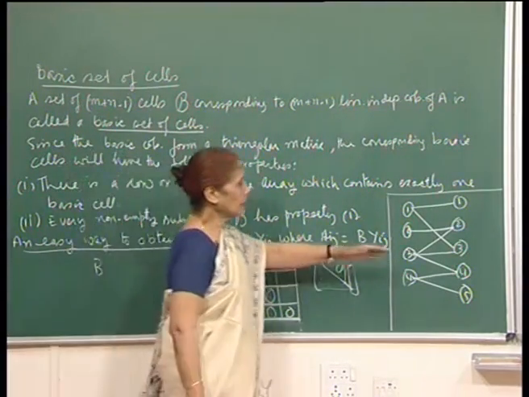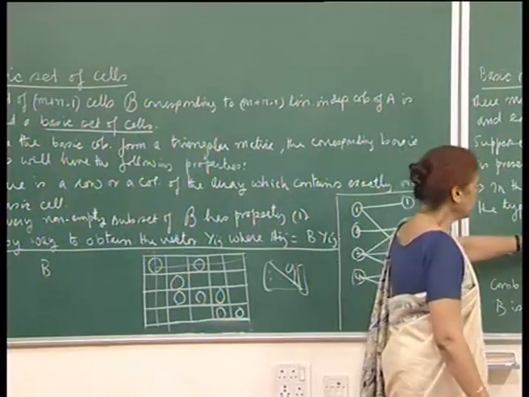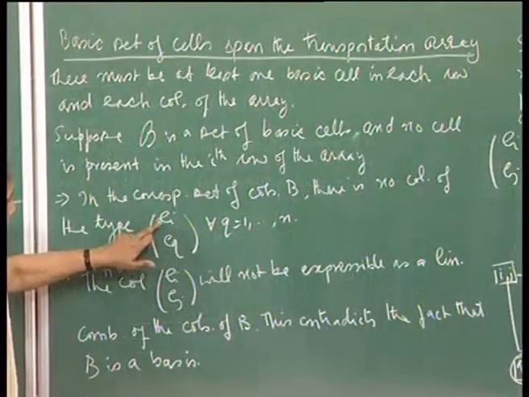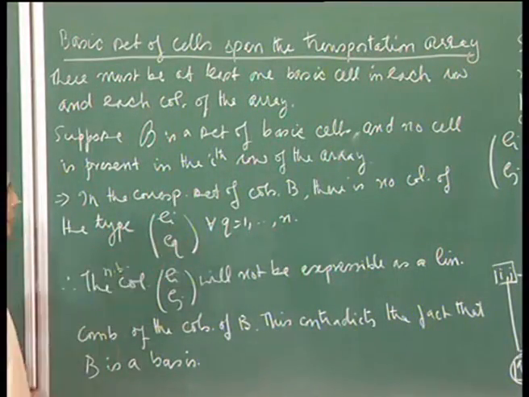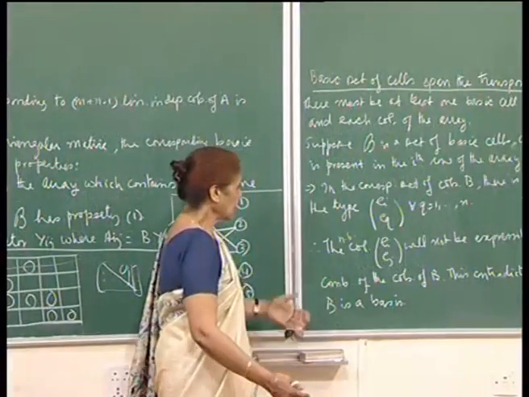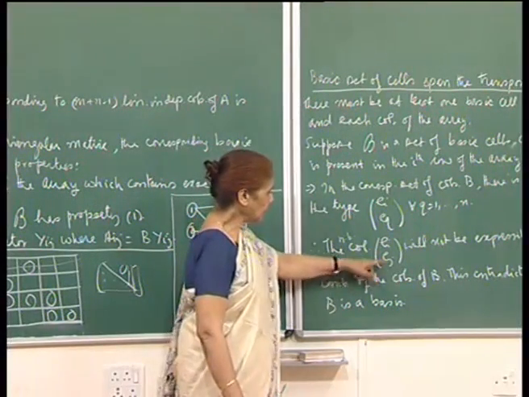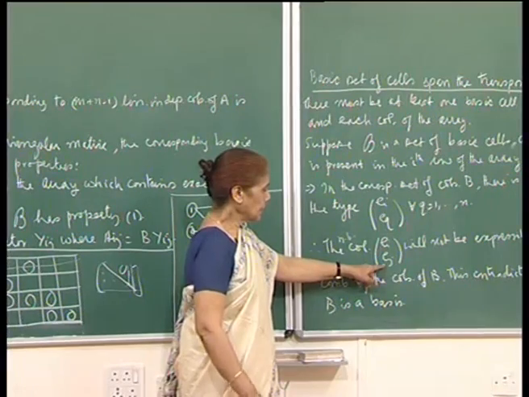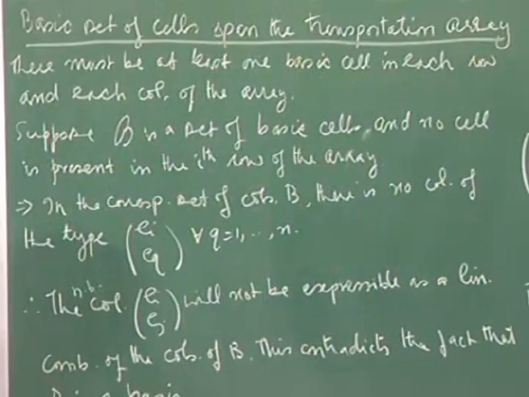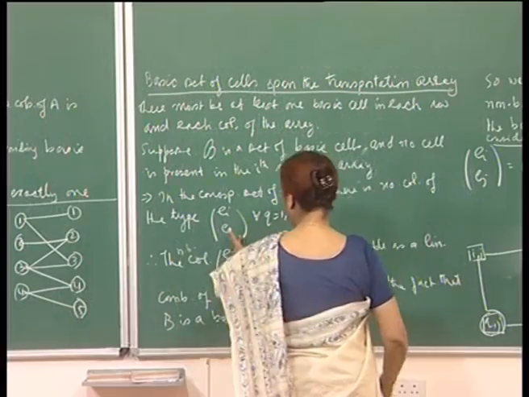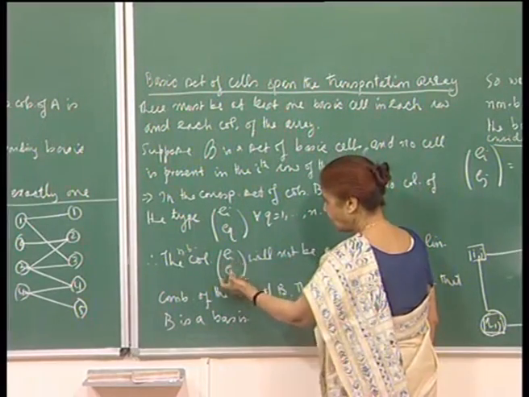So, similarly here, when the number of columns is n, I do not have columns of the kind e_i e_q for q varying from 1 to n. What does that mean? That means if I take a non-basic column e_i e_j, then I cannot express it in terms of the basis columns of B, because since B does not have a column of this kind, how will I express this?